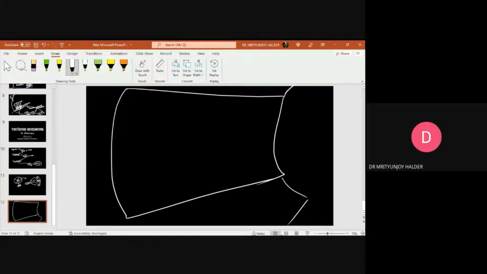Suppose this is one such cell, and all these thyroid cells contain a nucleus. Now every thyroid cell on its basal surface contains a TSH receptor.